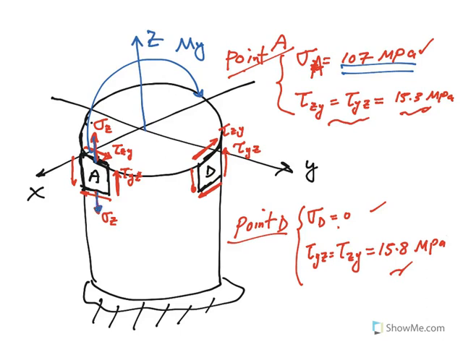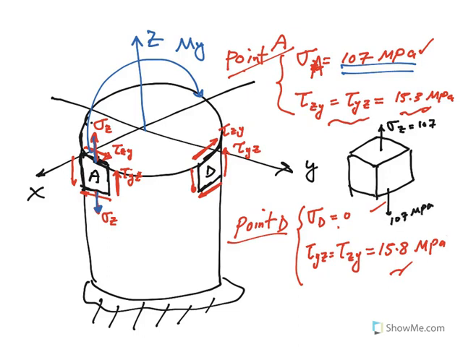We could actually show you a three-dimensional element at A, for example. The stress element would be like this. You see you got this sigma Z, which is 107 megapascal, right? The same 107 megapascal here, right? But how did I come up with these shear stresses?